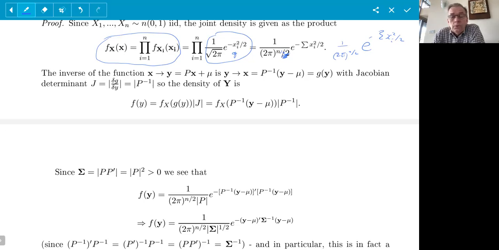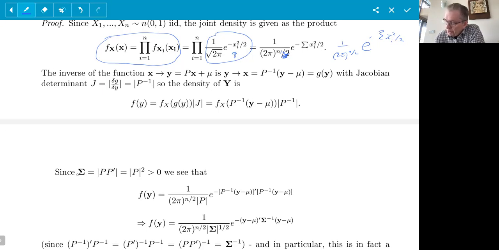So now we have this p function, and the inverse of that, p x plus mu, and as we said before, we know what the Jacobian is, so we know what the common density is. Now, if we define, this is wrong.